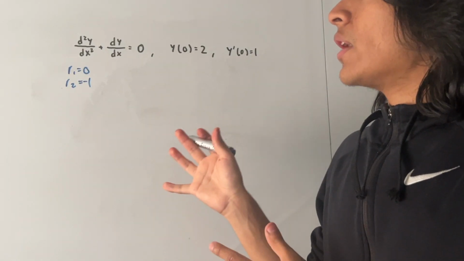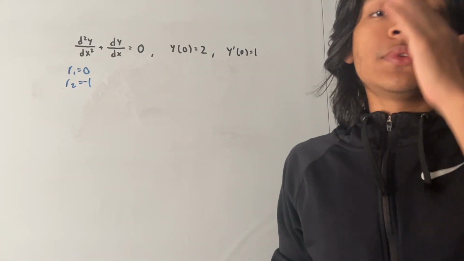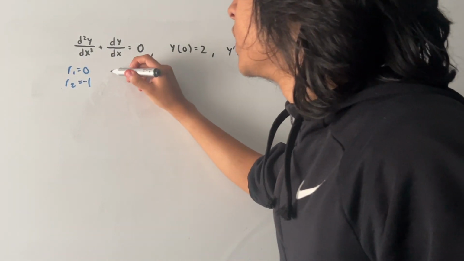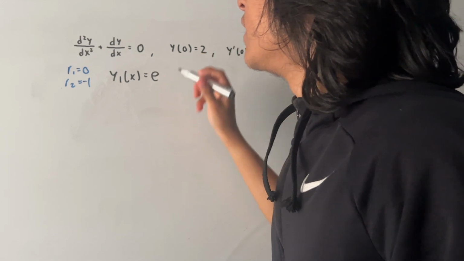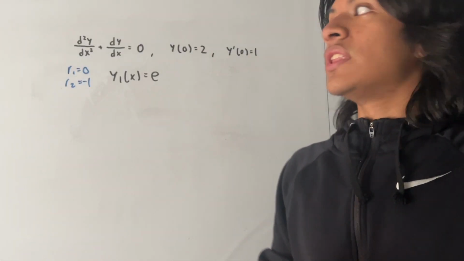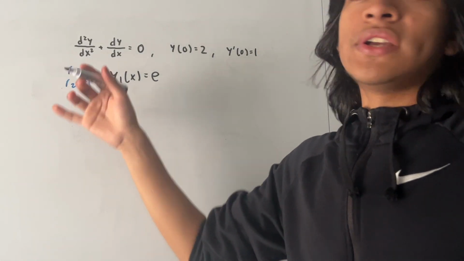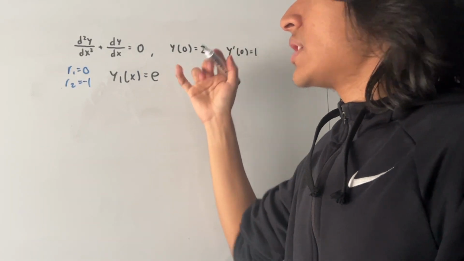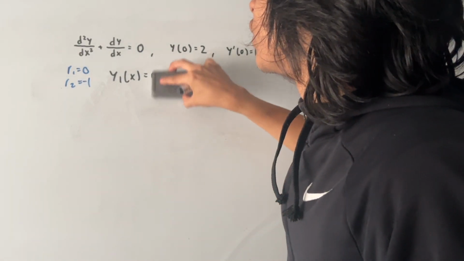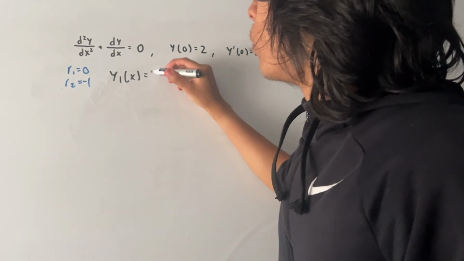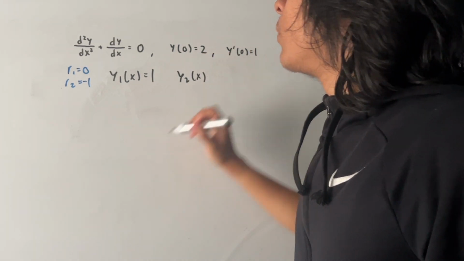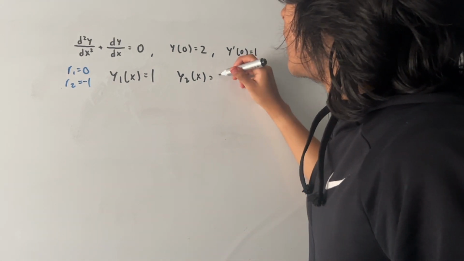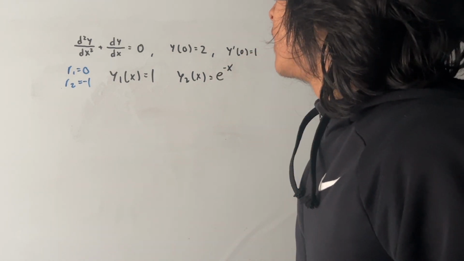So with our values r1 and r2, we can have our solutions. So y1 is going to be e, so the form was e to the rx. If r is 0, then e is going to be to the power of 0, so this is just going to be 1. And then our y2, when we plug in negative 1, we're going to get e to the negative x.